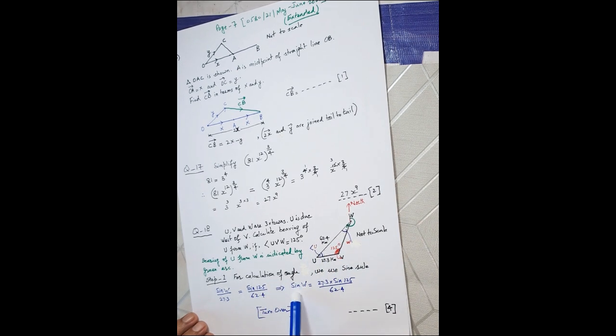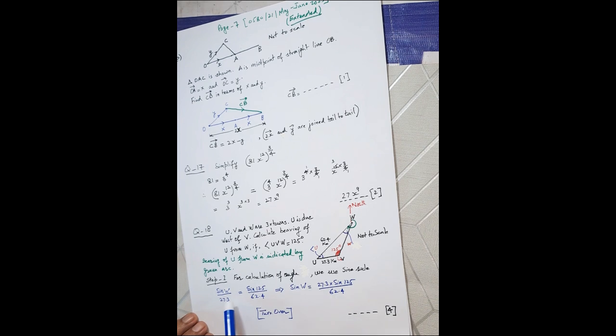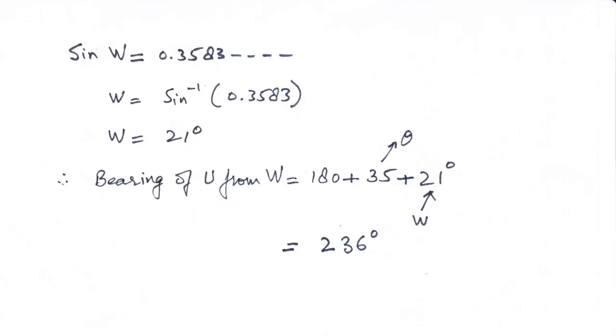Then make sine W the subject of the formula: 27.3 multiplies with sine of 125 and is divided by 62.4. Sine W works out to be 0.3583 and so on. We don't round off here, and W becomes sine inverse of 0.3583, and the value of angle W works out to be 21 degrees.